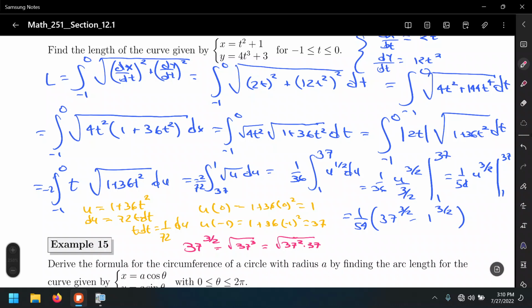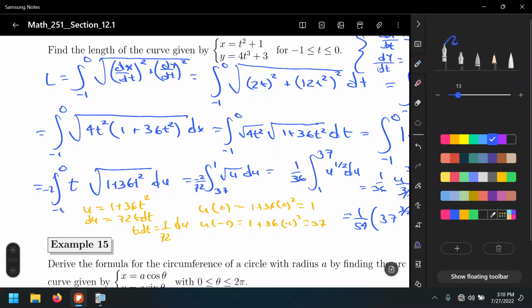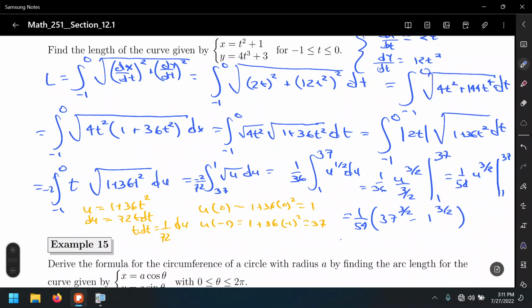And then we use properties of radicals to get 37 root of 37. All right? That's what we did before. Okay, let me erase it. And that's 1 over 54 times 37 root of 37 minus 1. Final answer. All right.